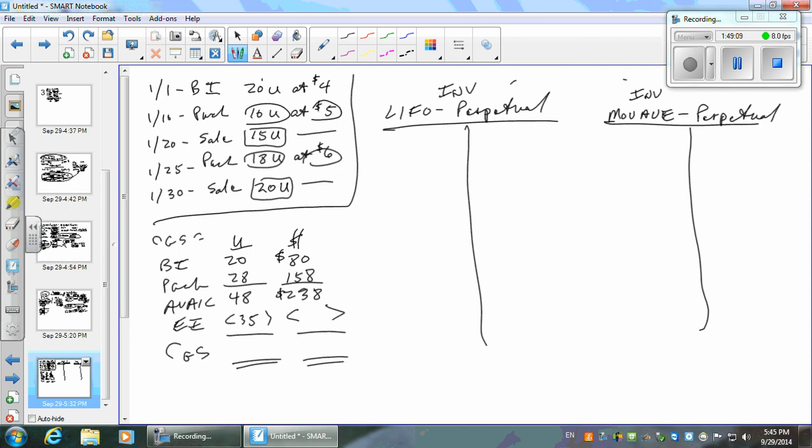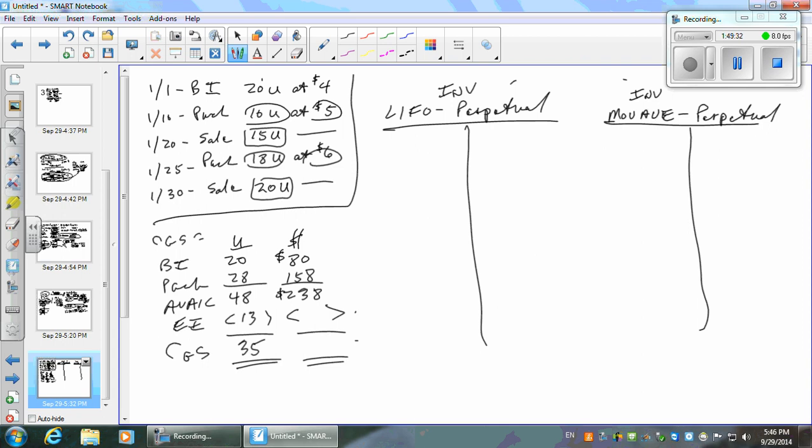And I started with 20. That's right. 48 less 35 is 13, is it? I did it backwards. No wonder you guys are. 13 ending? Okay. So 35 sold. All right, so all I'm going to do is figure out these two numbers, but I'm going to work my way down until I have 13 units left.